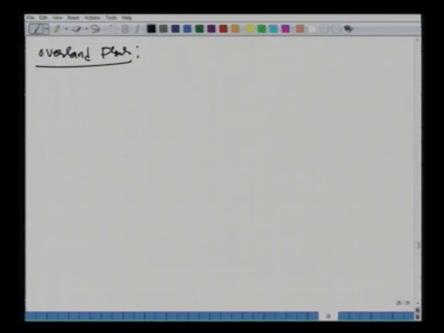So, what I would like to do is, I will just draw the schematic first, and then define various variables. We will define the control volume. So, this is your direction x, this is your ground level.